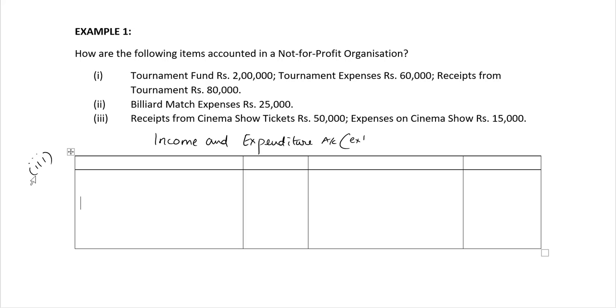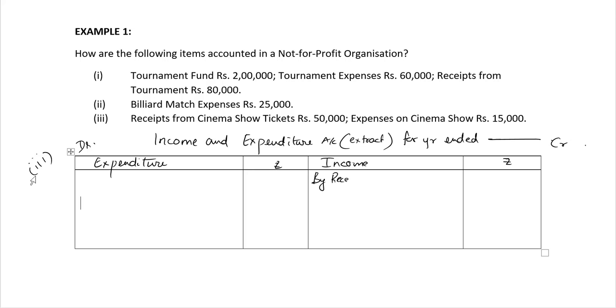In bracket extract for year ended, date not given, left side debit, right side is credit. Expenditure rupees, income rupees.